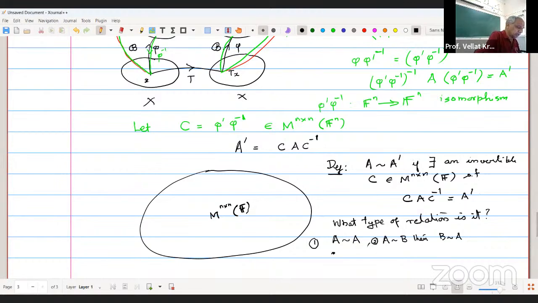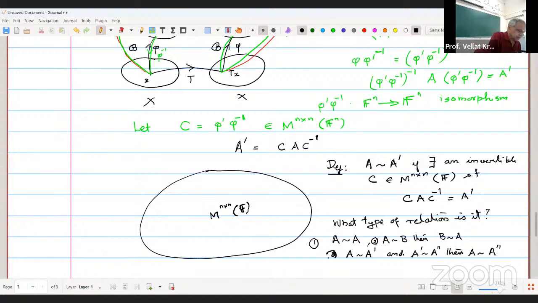And the third property is, if A is related to A prime and A prime is related to A double prime, then A is related to A double prime. So the relation is reflexive, symmetric, and transitive.